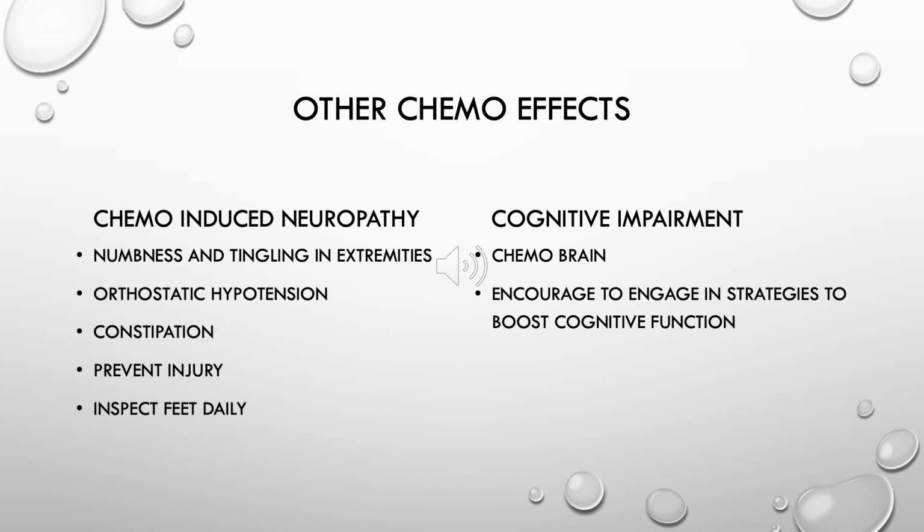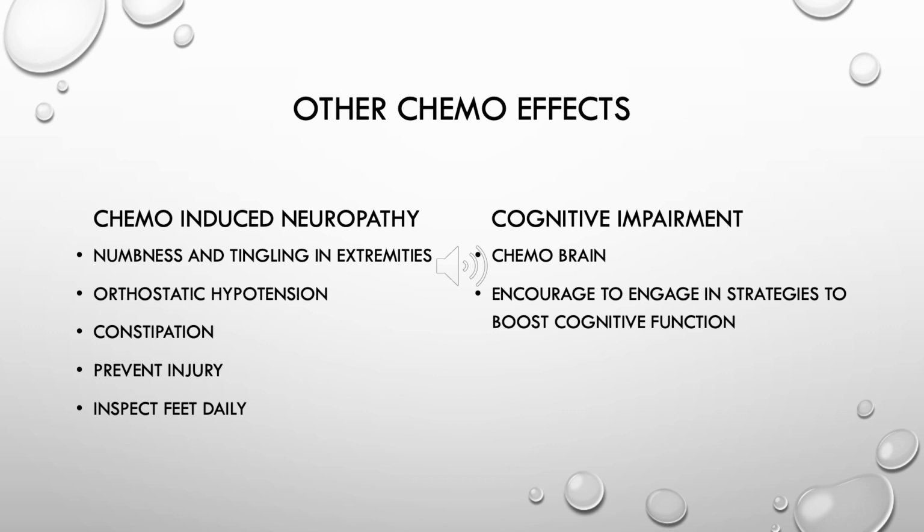They could have orthostatic hypotension. You want to prevent injury. For example, if a patient has numbness of their feet or their hands, they may not feel extremes in temperature, so you have to make sure the bath water is the appropriate temperature. They need to inspect their feet daily because they may not notice that they cut their foot or something like that. So you have to teach them that.